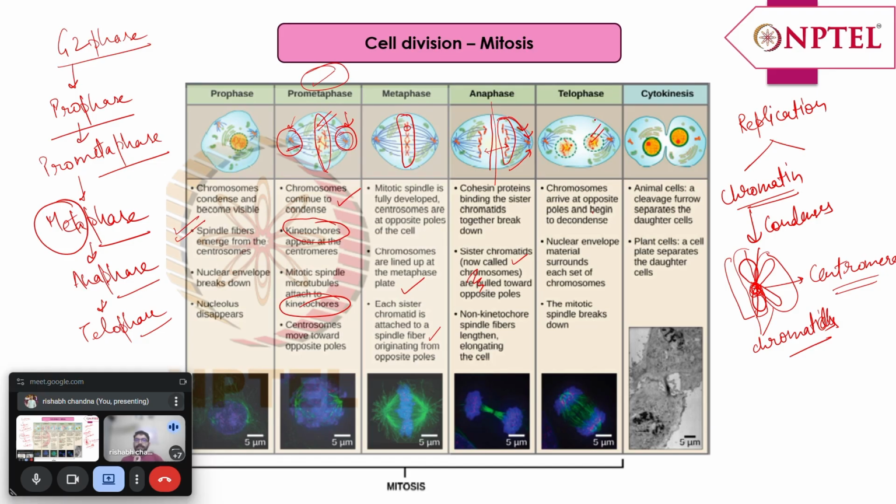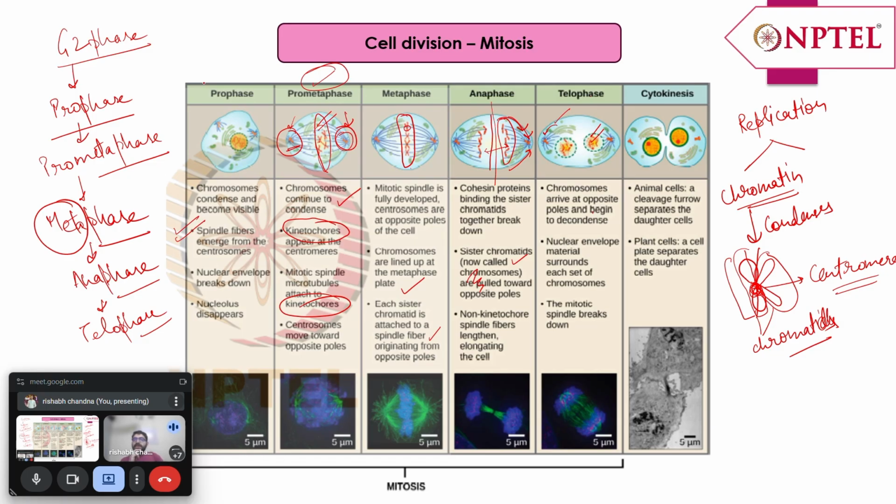Then the nuclear envelope and the nucleolus reappear. Lastly, the mitotic spindles also break down and they reach the centrosomes. So this is basically the recycling phase where all the things which have disappeared now reappear in duplicate so that the two cells can be formed.